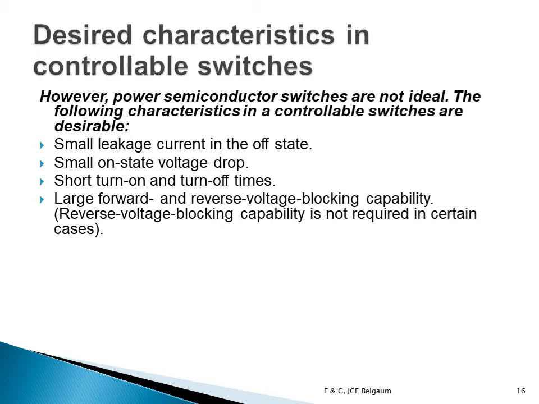So if the input is having negative voltage, and the device is not able to withstand that negative voltage, then we cannot use that device. So we prefer a device which is able to withstand, to be in the blocking state, for a large reverse voltage. High on state current rating.